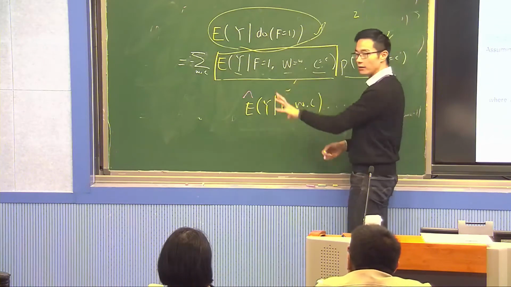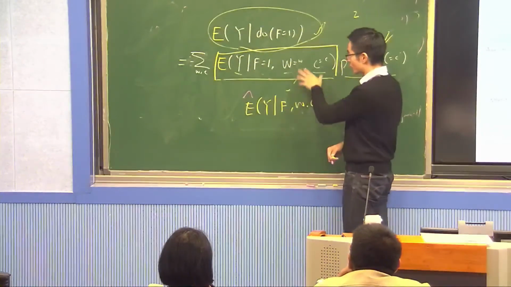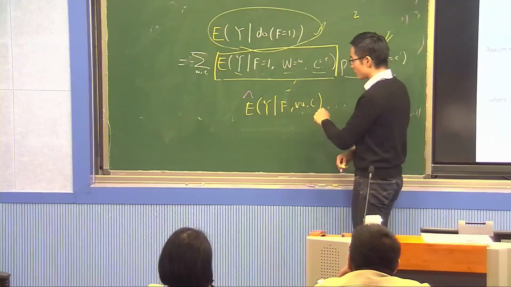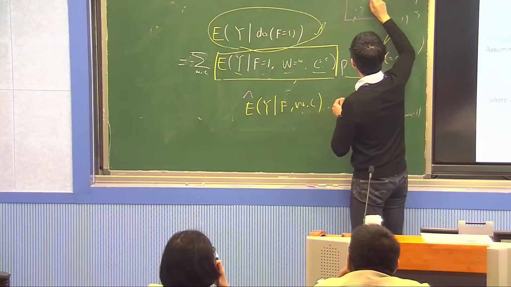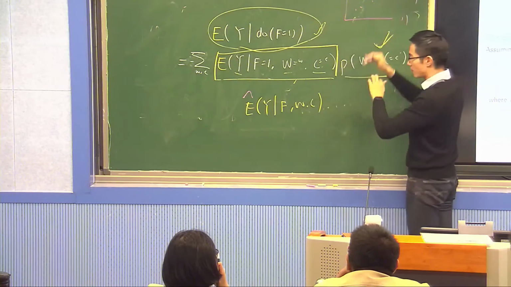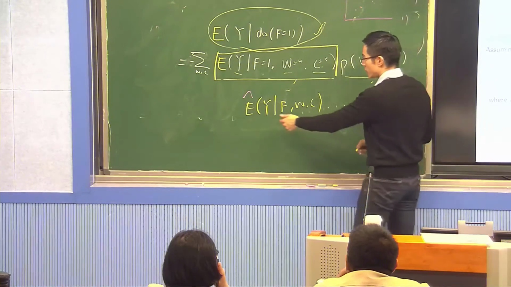It's a CEF, the conditional expectation function in the underlying population. If I just see some data points, so now I only see some data points, I do not see the entire population. From a limited sample, can you estimate this thing?